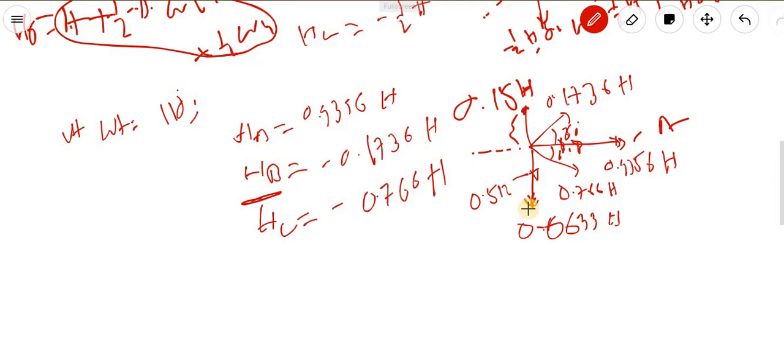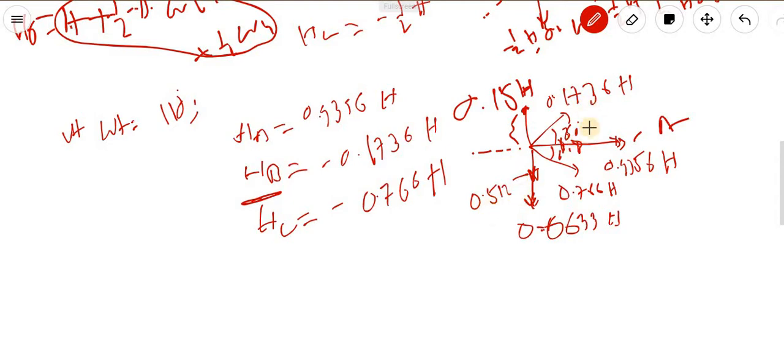Vertical one is 0.766 sine 60 degree. Clear? So how much will we be getting? 0.6638. Now here 0.6638. So how much component will be available here? This and this are opposite forces, so this much will be available, 0.512.